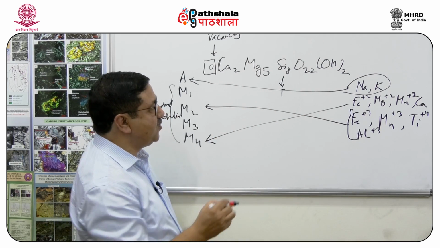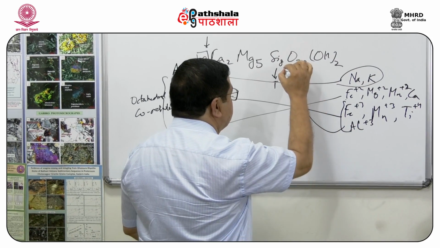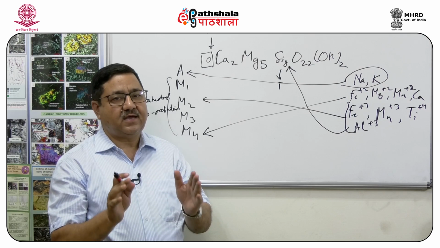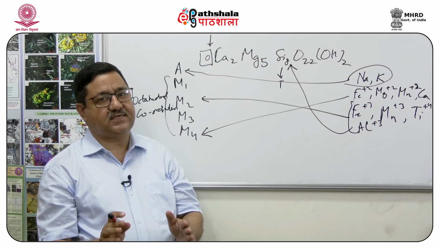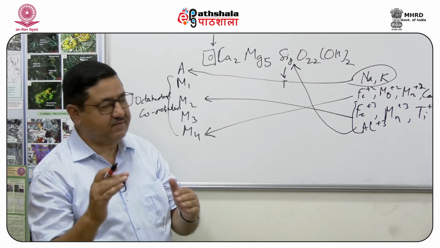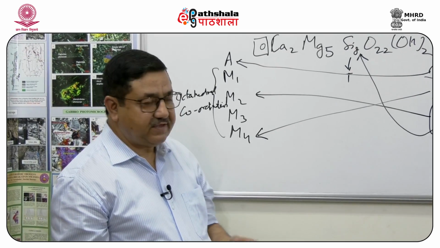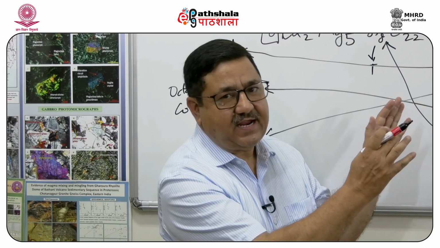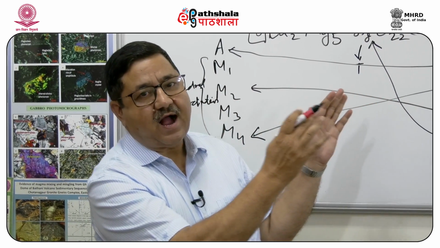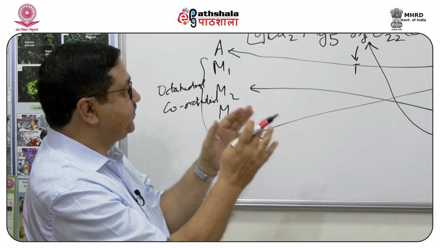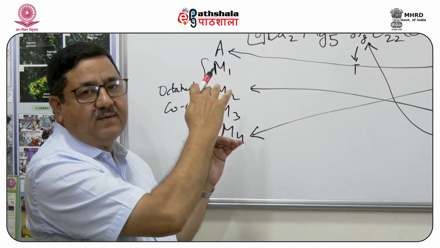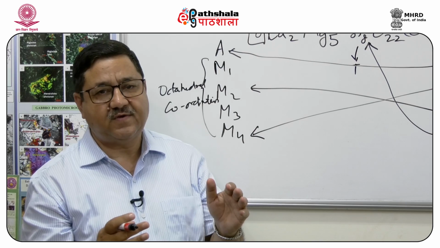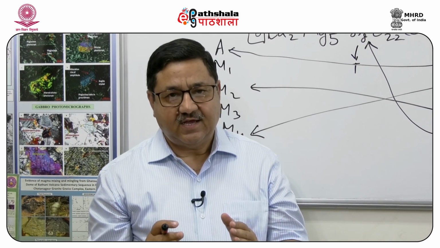Besides, aluminum also goes to the tetrahedral site of silicon because of the ease and similarity of sizes and charge difference of only 1. So, therefore, we see that more than 10, 11 elements are substituting, but they are being accommodated in a relatively smaller number of sites.